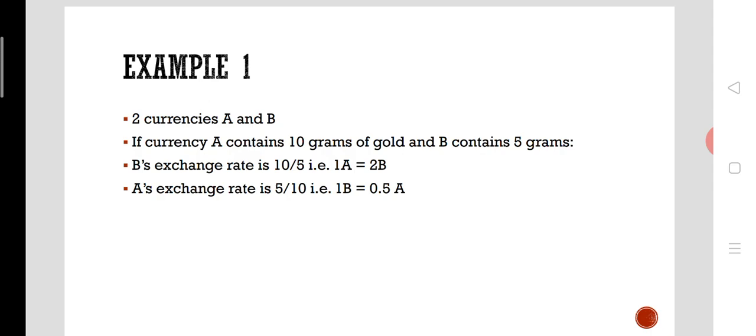Currency A's value is 10 grams of gold divided by 5, the value of currency B. Then 10 by 5 is 2, that means B's exchange rate is 1 unit of currency A is equal to 2 units of currency B. This is the exchange rate. Then what is A's exchange rate? A's exchange rate is 5 by 10, that is 0.5. That means 1 unit of B is equal to 0.5 unit of currency A.